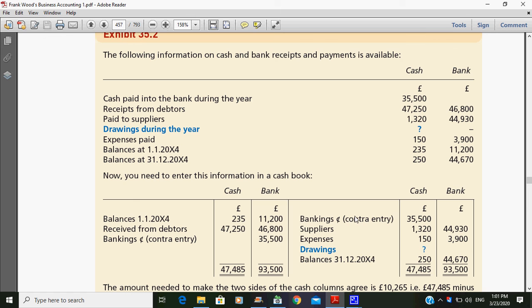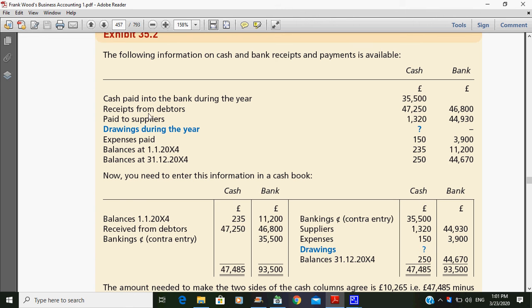On the debit side, you'd have debited bank and credited the cash column. Banking's contra entry is 3,500. You debit the bank account and credit the cash column. The bank column debit, the cash column credit, contra.